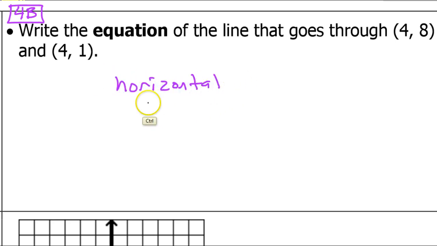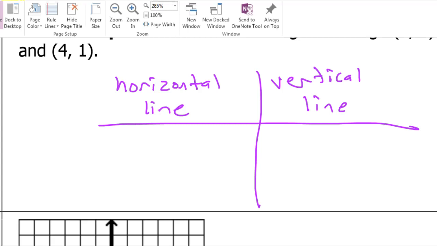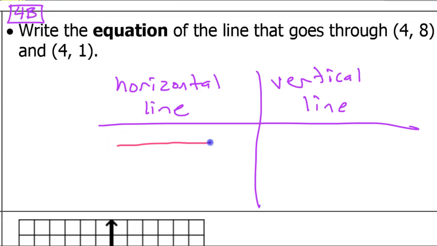This is like notes. First of all, a horizontal line is like this. Just have that in your brain. A vertical line is like this.